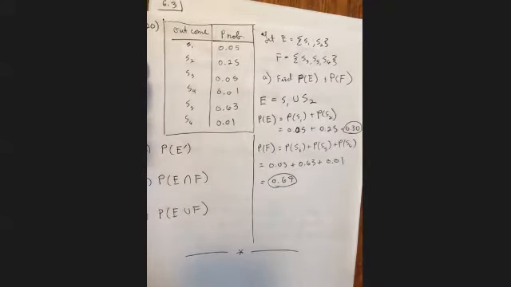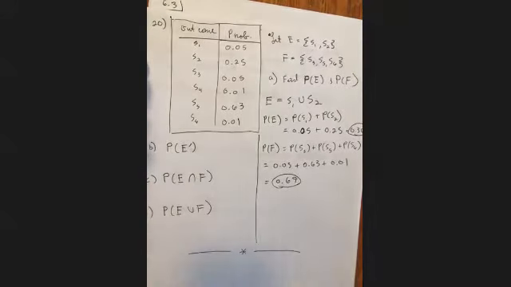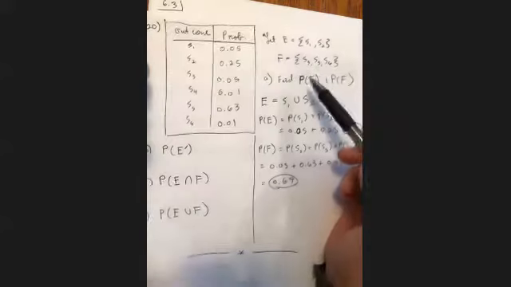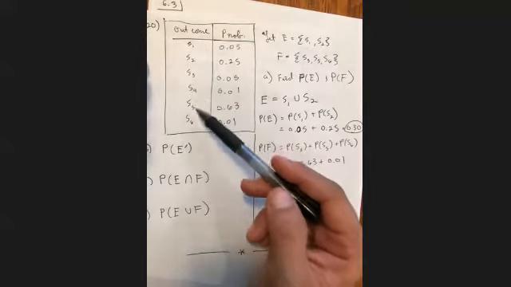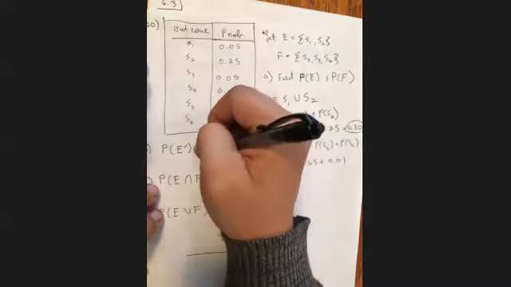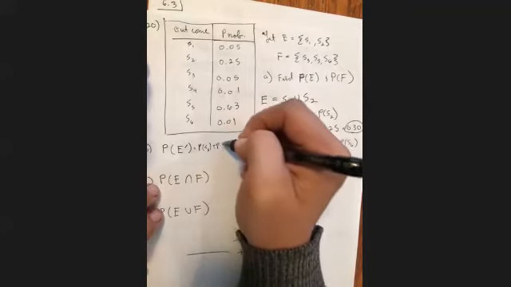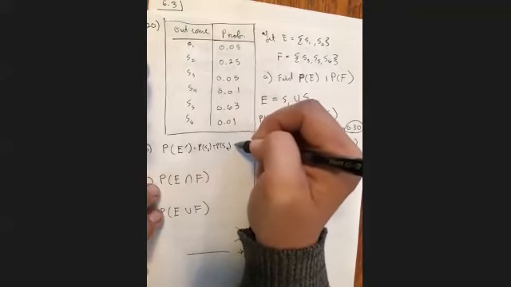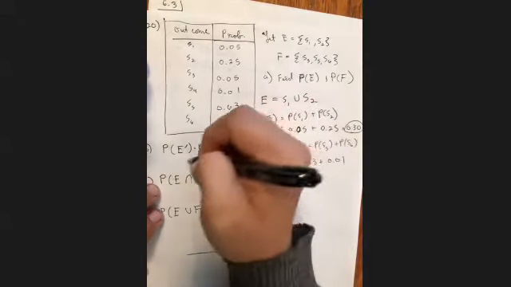Okay. All right, now we're going to find the probability of E complement for part B. So who is E complement? E complement is everything that is not in E. E consists of S1, S2. So E complement consists of S3, S4, S5, S6. So this will be the probability of all of those added together: S3 plus S4 plus S5 plus S6.